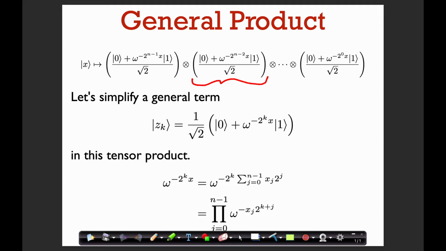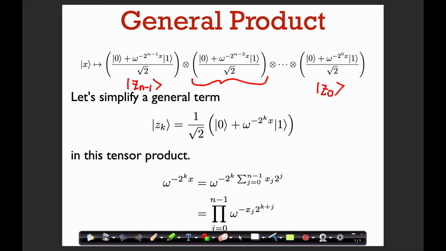So this tensor product here is just a tensor product of the zk's where k ranges from 0, so this would be z0 here, and this term here is z n minus 1.